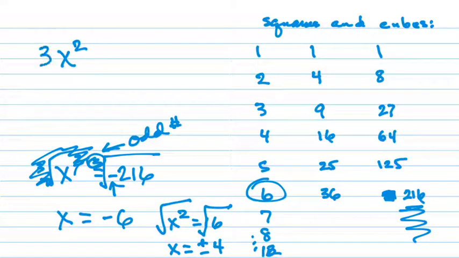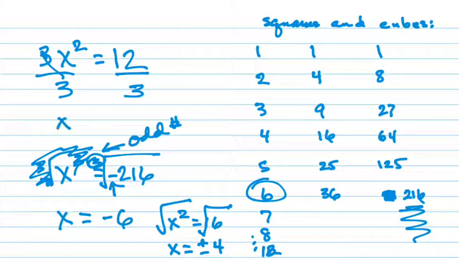Let's do this one: 3x squared equals 12. This is still the first case. Is my x squared by itself? No. What's over there with it that I have to move first? I'll divide both sides by 3 since it's multiplied, which gives me x squared equals 4.